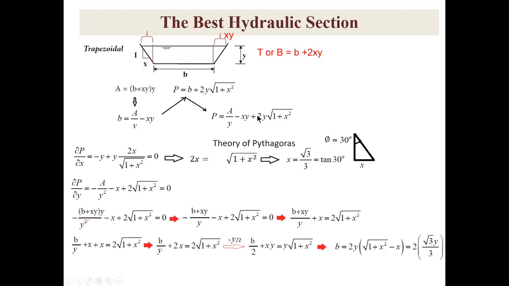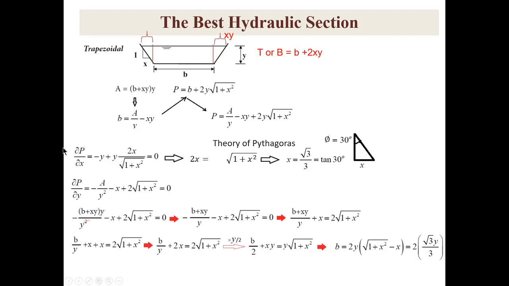Therefore, these two will be cancelled with the 2 of the denominator when I'm taking the derivative of this root, and the final derivative would be y times 2x over root 1 plus x squared.